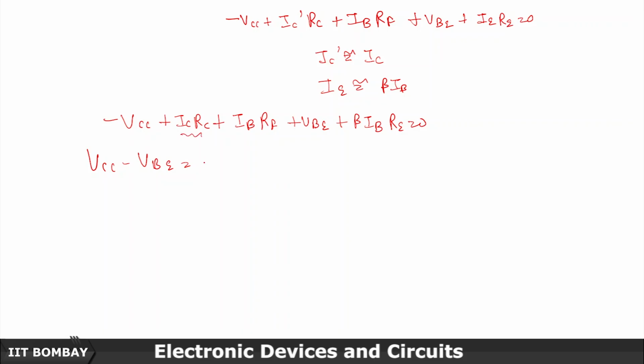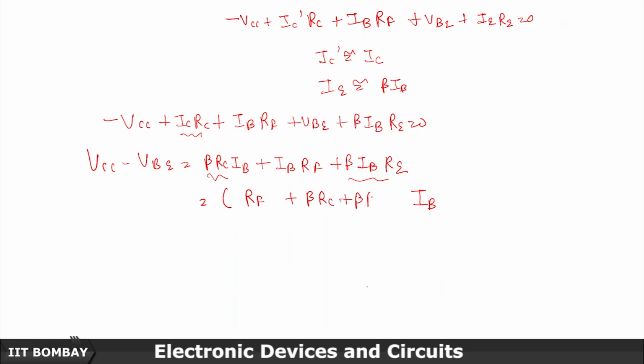Taking the voltages on the other side, and again IC can be replaced as beta IB, so we get beta RC IB plus IB RF plus beta IB RE. We can take IB common here, and it comes out to be RF plus beta RC plus beta RE, multiplied.